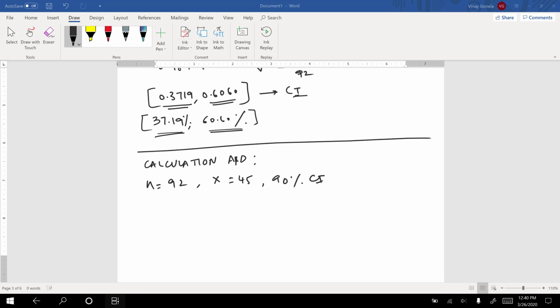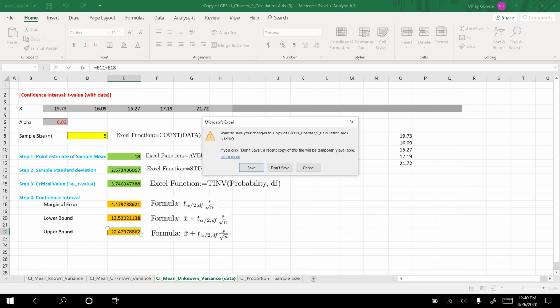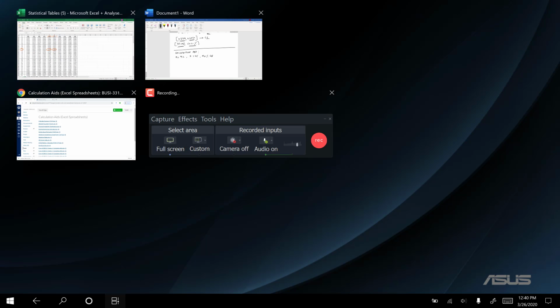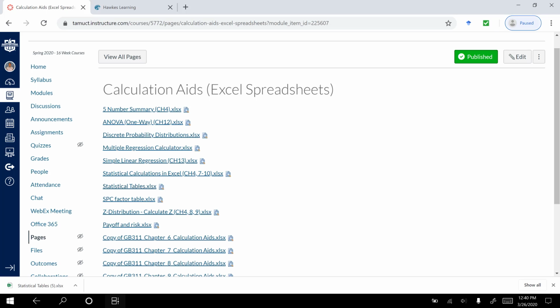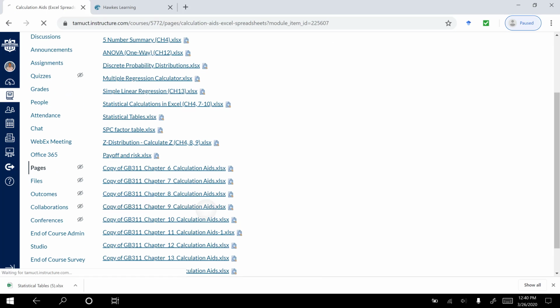So I will download the calculation aids of chapter 9 and open it.